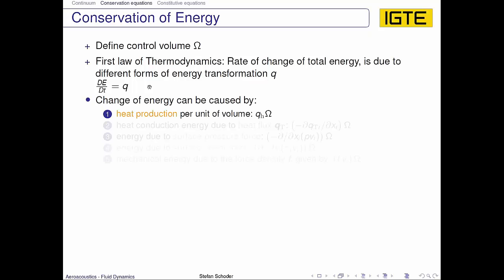So the energy transformation. The change of energy can be caused by several things. First of all, heat can be transformed in the volume unit by a heat production term, for instance if we would combust something inside the volume, so we transform energy from chemical energy to heat, and this would be a unit volume term.